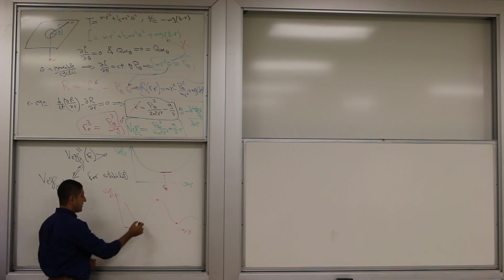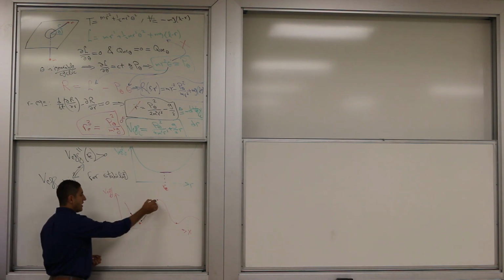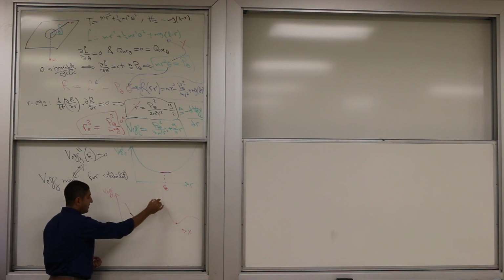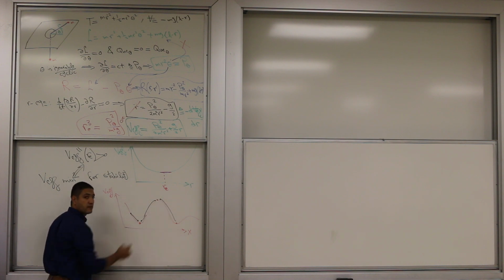So I know that if I start anywhere here or there, I will go down the hill to the equilibrium. And if I start close by here, I'll go away from that point because it's unstable, and eventually go down the hill to the stable one. If you start here, you'll go away from this guy, but you are in the region of attraction of this thing, so you'll go here.